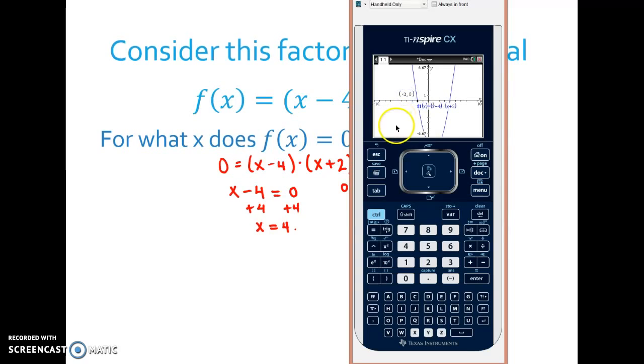So there's one of the x-intercepts, and then if we do the same thing, menu, analyze graph, 0, left of the 0, right of the 0, and so those are the x-intercepts, negative 2 comma 0 and 4 comma 0. Those are also the roots of the polynomial, negative 2 and 4, and it's the solution if the polynomial is equal to 0. It's also called the zeros of the polynomial.